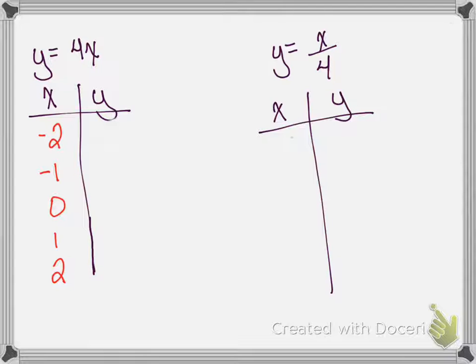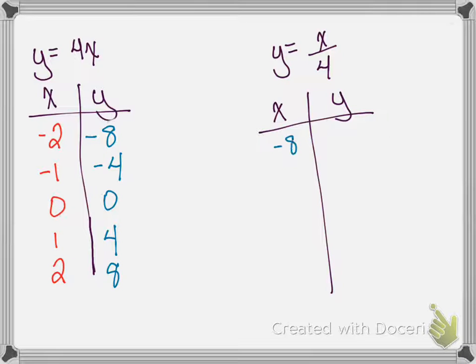I want you to plug that in for y equals 4x. 4 times negative 2. What's 4 times negative 2? Negative 8. Okay. What's 4 times negative 1? 4 times 0. 4 times 1. 4 times 2. Good. Okay.